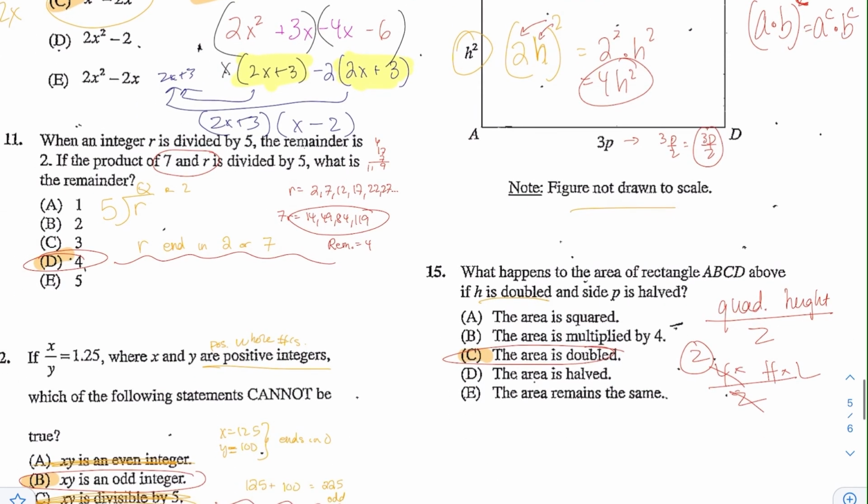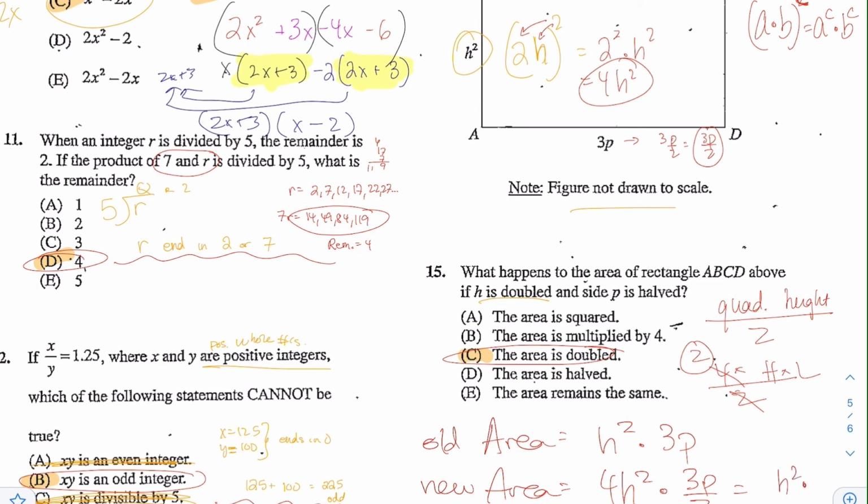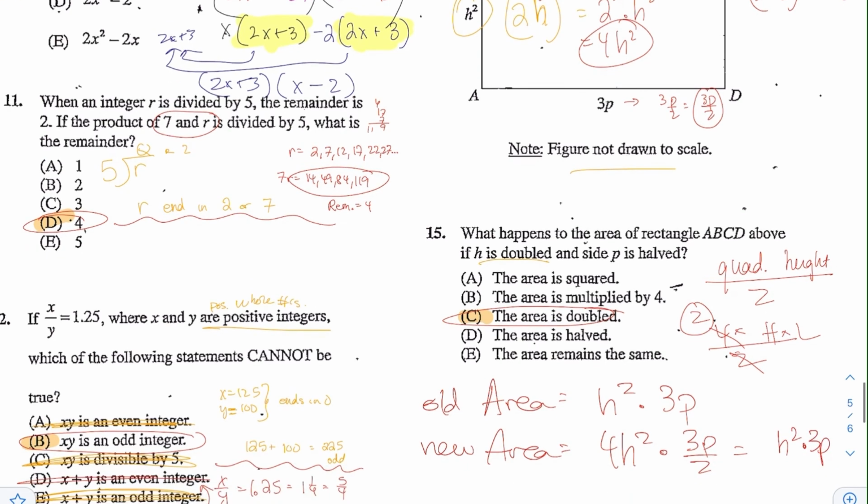So put in other words, the old area is h squared times 3p. The new area is now 4h squared times 3p over 2. And here, you can replace this as h squared times 3p, which is the original area, but you have this 2 in the denominator and this 4 in the numerator.